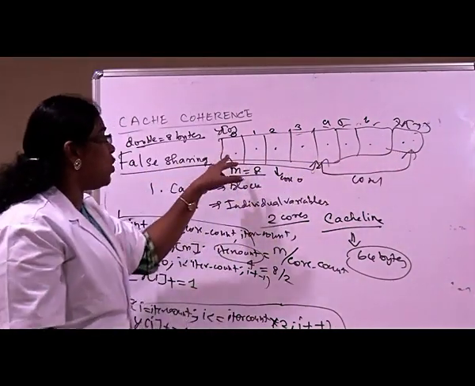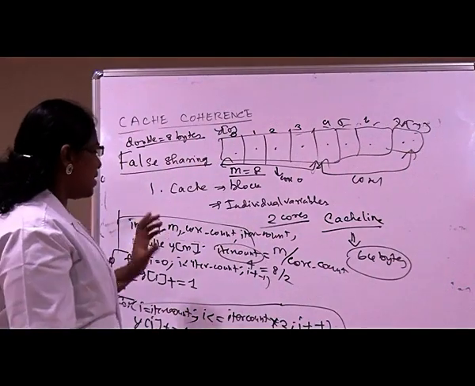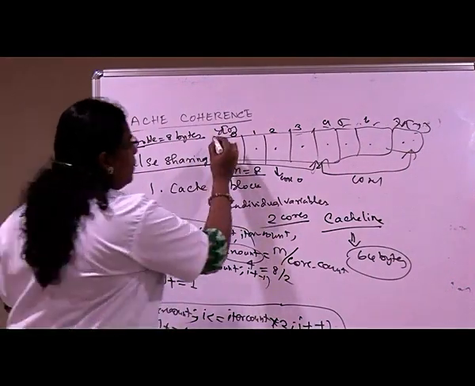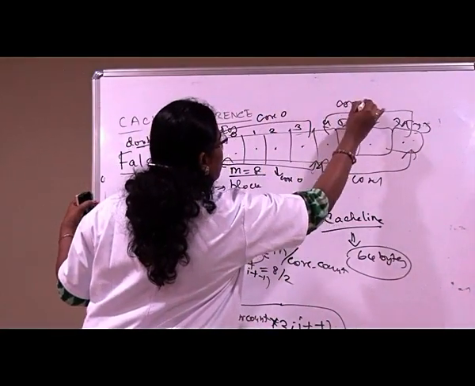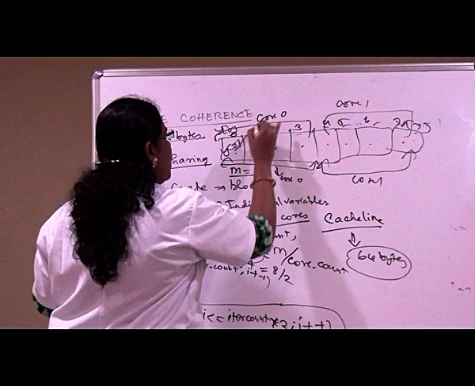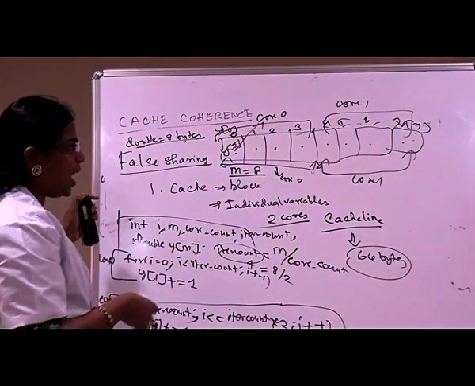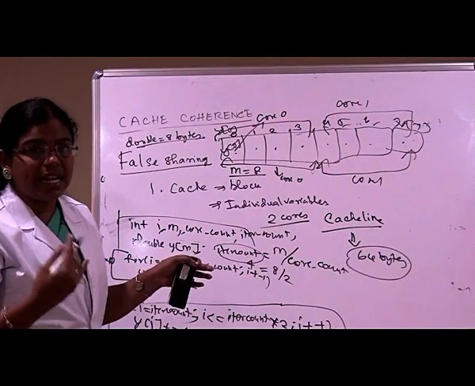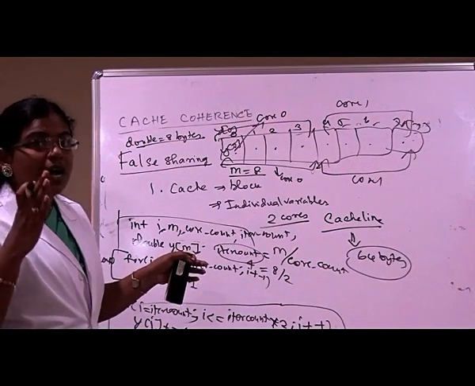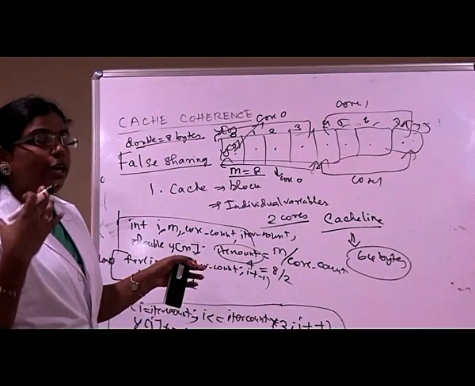The first y[0] is processed by core 0. It will try to search for the data in the cache, but it will not be available there. So the entire block containing y[0] will be brought in from the main memory.